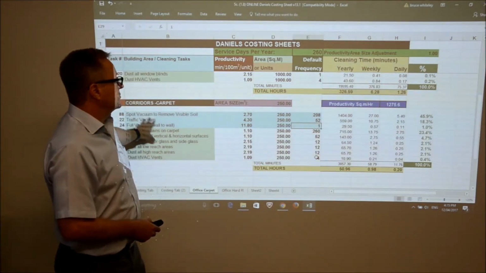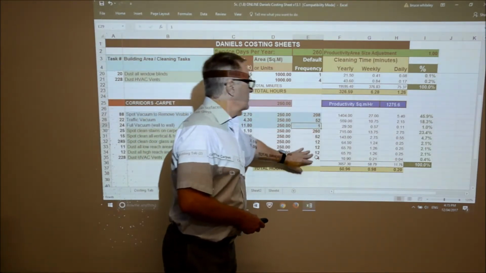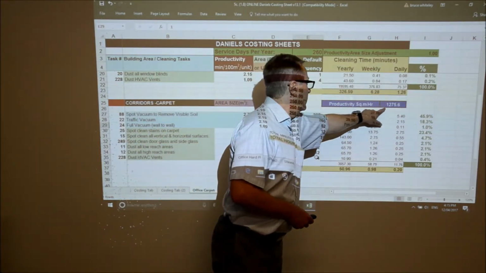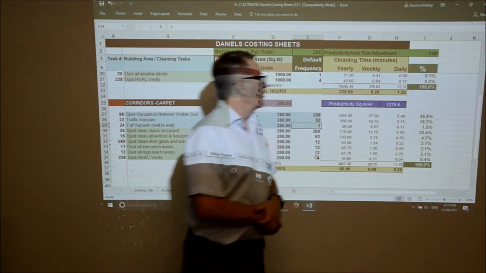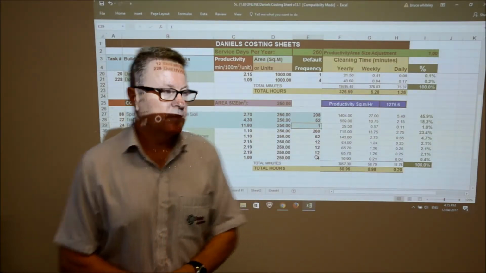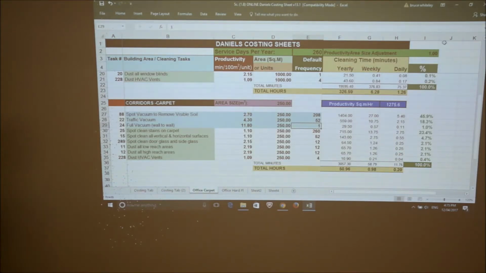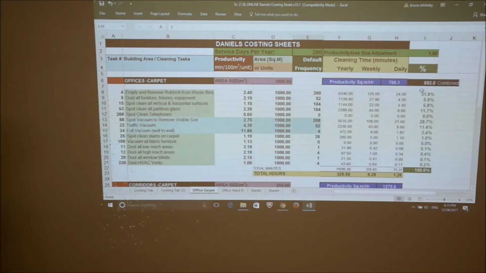So based on these cleaning tasks in the corridors and these frequencies, we have a productivity per hour of 1,275 square metres. Now on this spreadsheet, I've also put a combined productivity of 892.